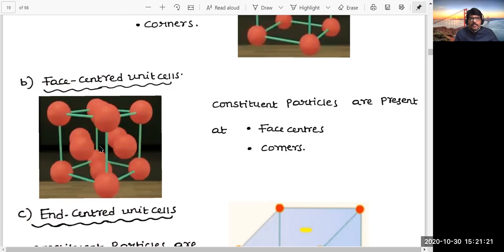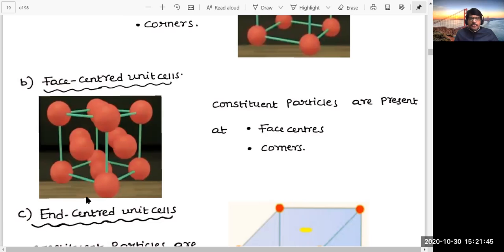It's a cube actually. You know, a cube has 6 faces. According to the name, face-centered unit cells, the particles are present at the face centers. You can see the center of the face: right face center, front face center, left face center, top face center, back face center, bottom face center, and also all corners.